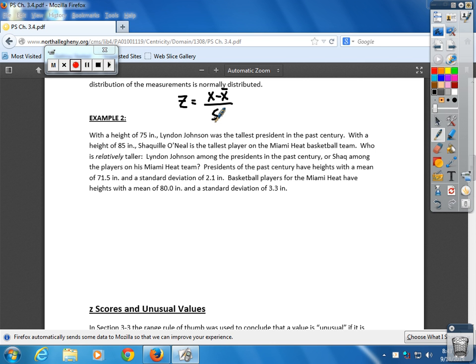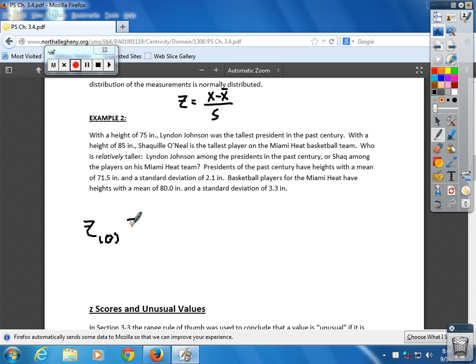Now let's talk. How do you compare the two? Well, you put them on the same scale. You can't put them on the same scale because Shaq would be taller. So you have to convert them to a universal scale, which is a Z scale. The first one is LBJ.